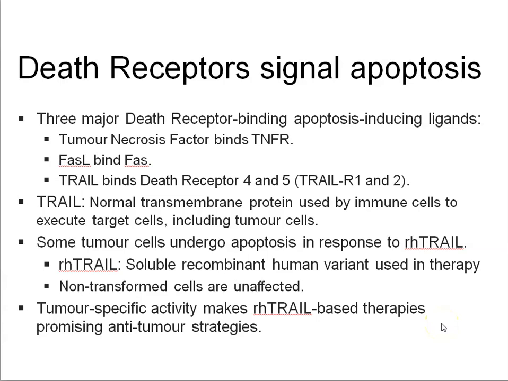We find that some tumours will undergo apoptosis in response to recombinant human TRAIL, and this is a soluble version of the normal membrane-bound ligand that we find on immune cells. So clinical trials have been underway for quite a few years to test this as an anti-cancer strategy, because non-transformed normal cells tend to be unaffected.